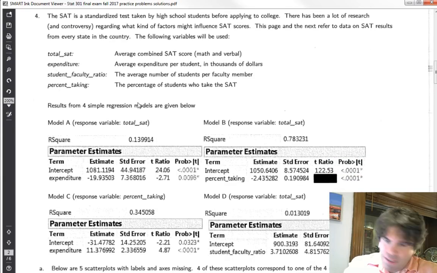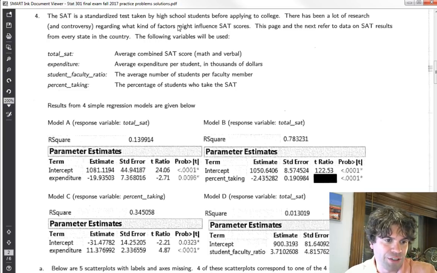Okay, 4. This is a long one. This is a pretty long regression one. So the SAT is a standardized test taken by high school students before applying to college. There has been a lot of research and controversy regarding what kinds of factors might influence SAT scores. This page and the next refer to data on SAT results from every state in the country, and the following variables are used.